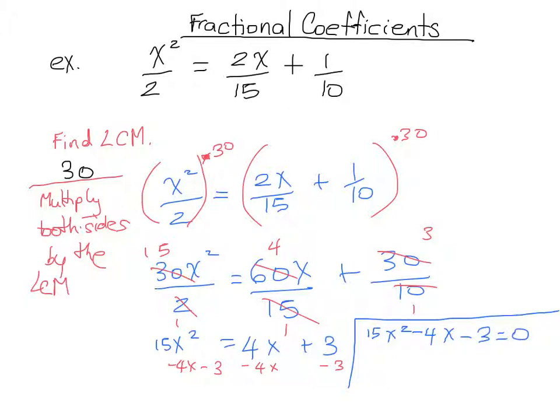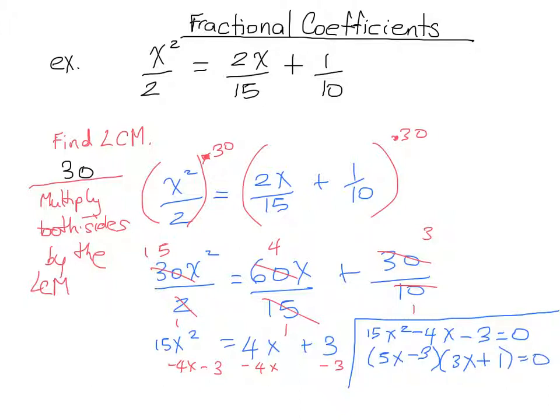Alright, so at this point we can either factor using trial and error or the diamond box method. If you don't know how to factor this, make sure to look back at one of the past videos for factoring or the diamond box method. Alright, so factoring this we get 5x minus 3 times 3x plus 1 is equal to 0.